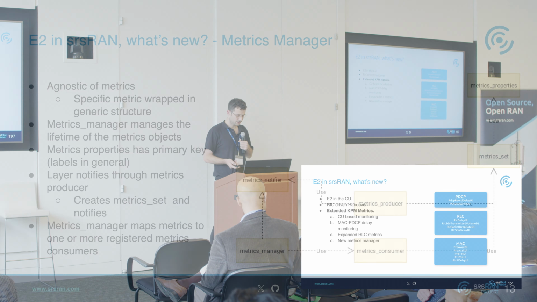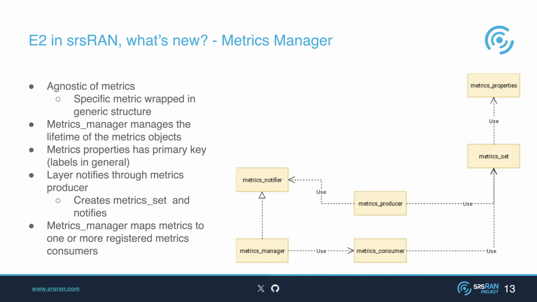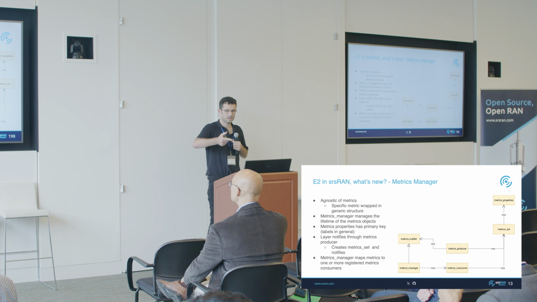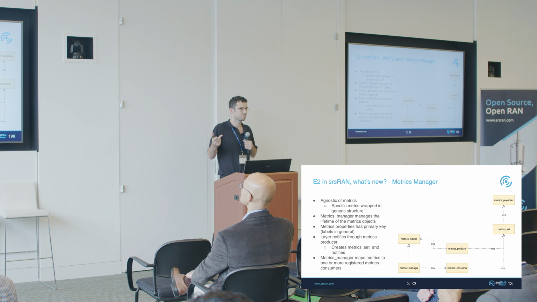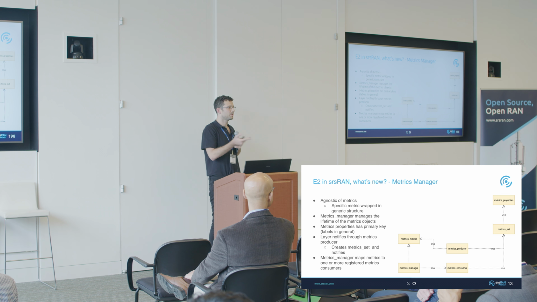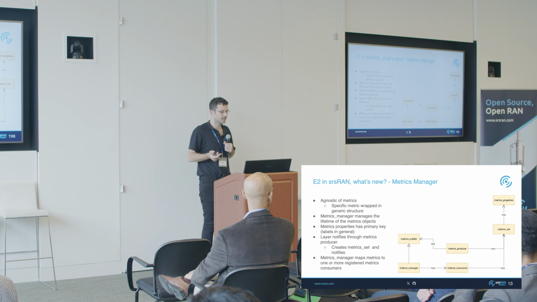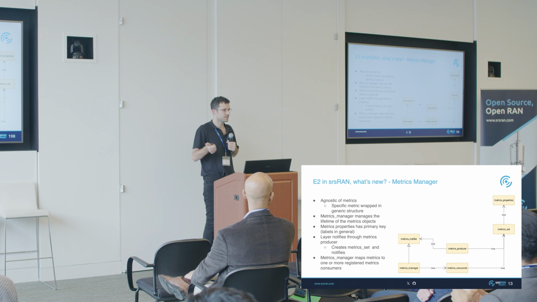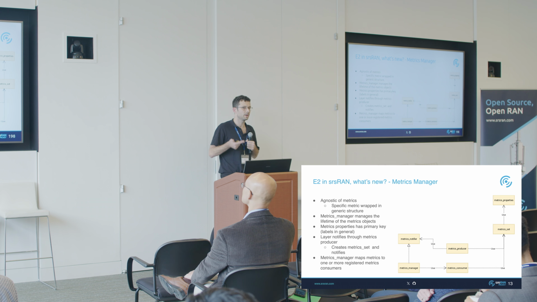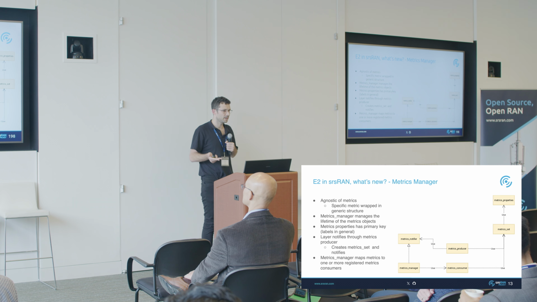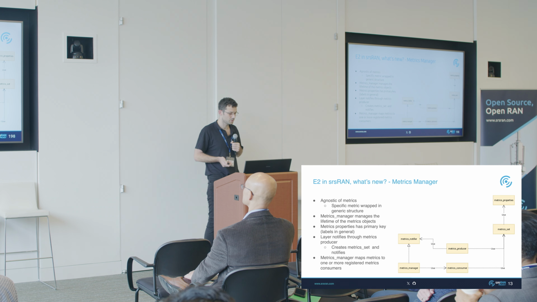So I'll just say a word about the metrics manager now. The new metrics manager basically allows us to take metrics from any number of metrics producers, so layers, and redistribute them to any number of metrics consumers, so sinks, things like JSON metrics, logging, standard out to the command line, and of course our E2 interface is another one.